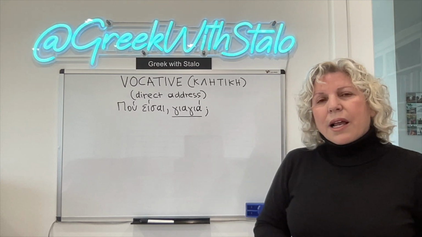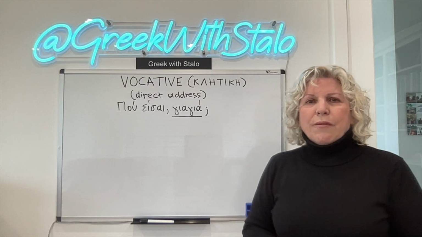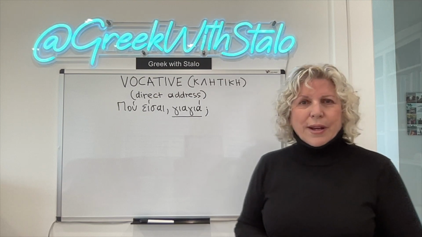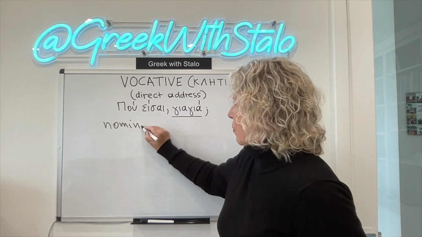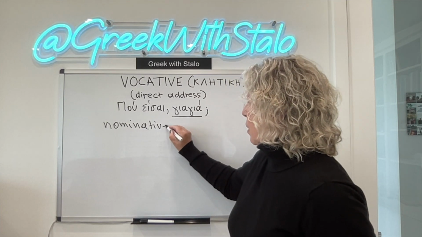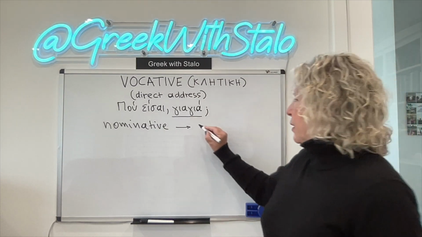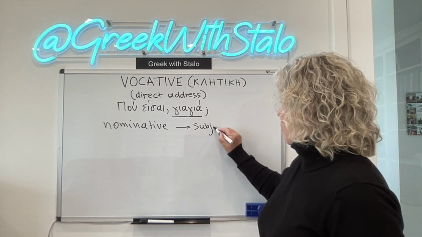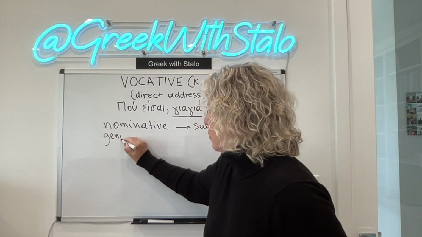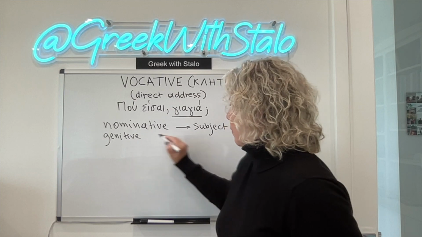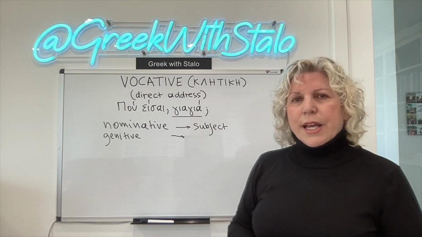Before we go on, let's take a quick look at the Greek grammatical cases. We have 4 cases in Greek. Nominative case, the nominative case is the subject case. Genitive case, the genitive case indicates mostly possession.